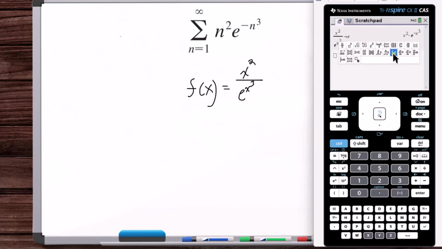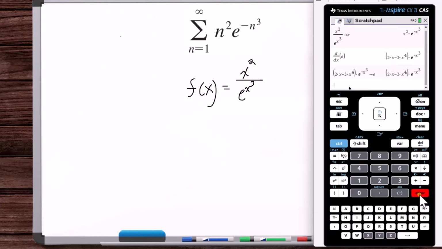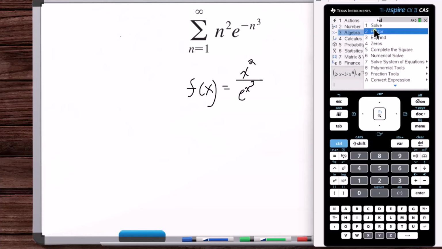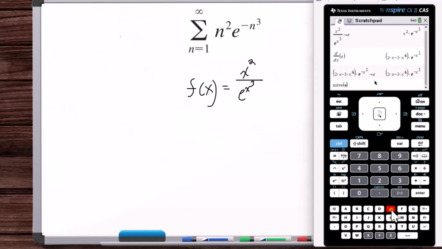What is the derivative? Okay, now let's store this as e. And now we want to solve for when e is equal to 0 for x.